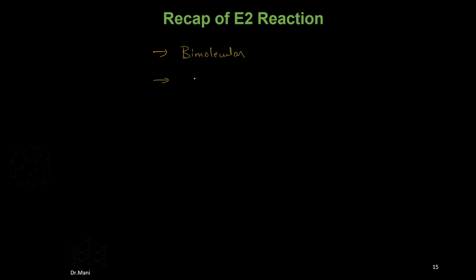I told you two rules, but majorly it follows which rule without any conditions? Saytzeff's rule. Okay, it follows that. Next one, we saw the transition state as well. So remember that one as well.